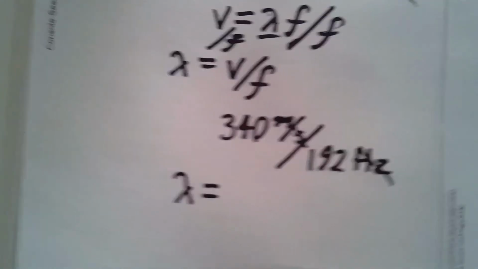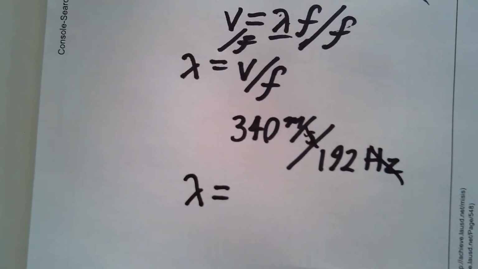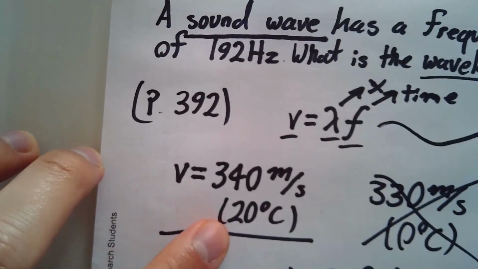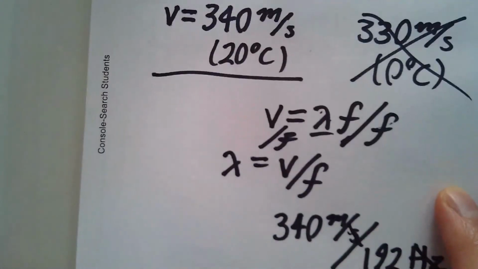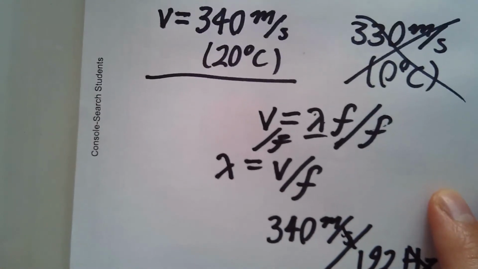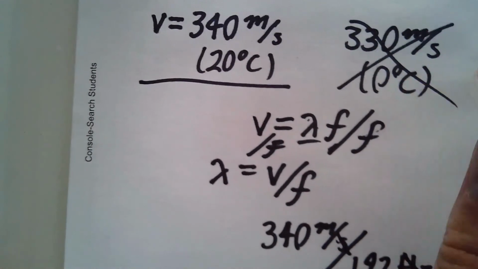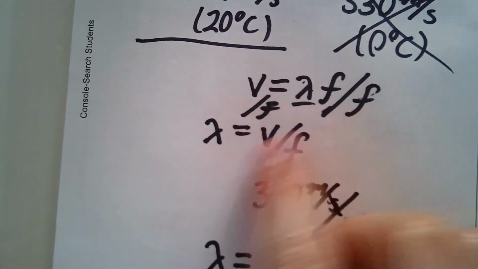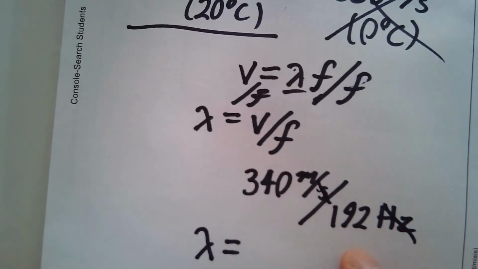Okay, let's do this. Hopefully everyone can see that. So note, first we got the speed of sound, 340 at 20 Celsius. Sometimes the book will direct you on which one to use. This one, I know it's just normal air, so I'm not going to use the other one. And then after I rearrange my equation, I plug in both my values.